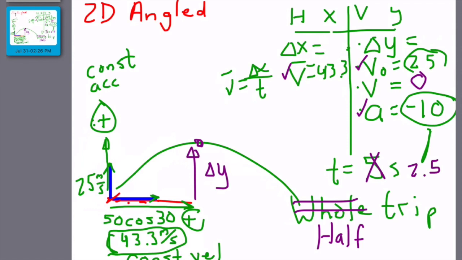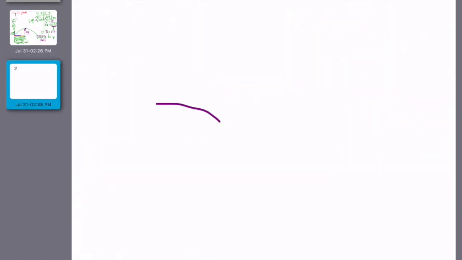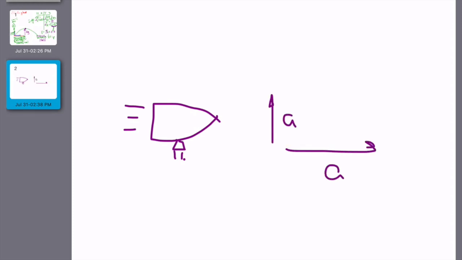So for any of these angled problems, in fact, for any two-dimensional problems, these happen to be special ones. They happen to be projectile motion where we're near Earth. But you could have a two-dimensional problem where you had a rocket and maybe it's got a little blaster on the side. And so it has a certain acceleration in that direction, and a certain acceleration in that direction.